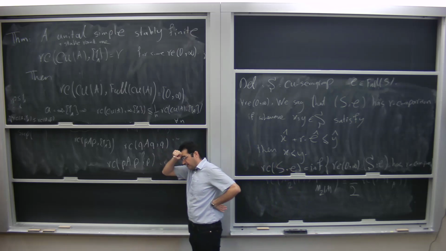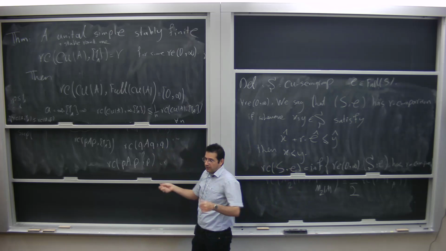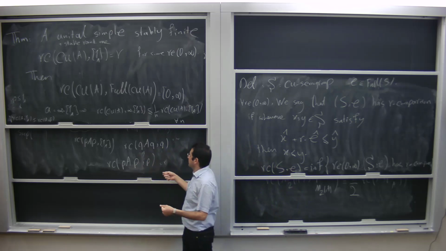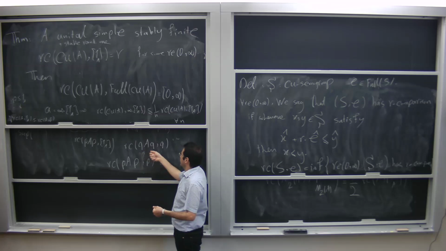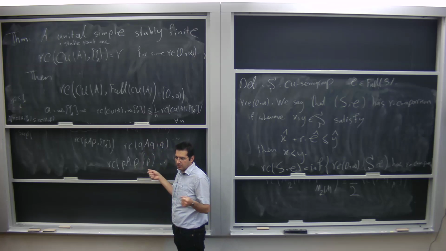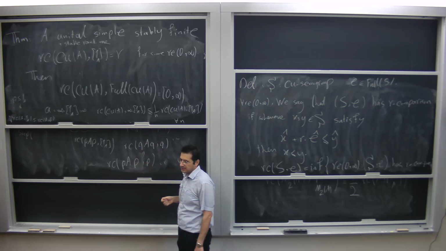I meant with respect to Q, with this projection. They found two full projections, P and Q, and then they consider the radius of comparison with respect to those two different projections. They claim that those are equal, but the Elliott invariants of those CSR algebras, this one and this one, are not the same.